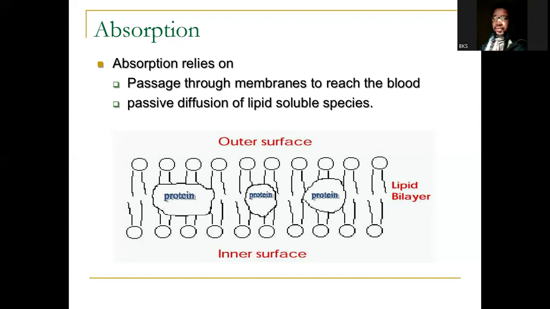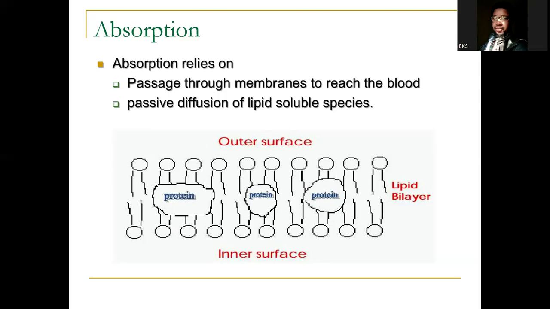Okay, now let's look at the intestinal absorption. When you take a substance, a drug, let's take a drug. First of all, it passes through the GI tract and gets into the intestine. The area of the small intestine is where the absorption takes place.